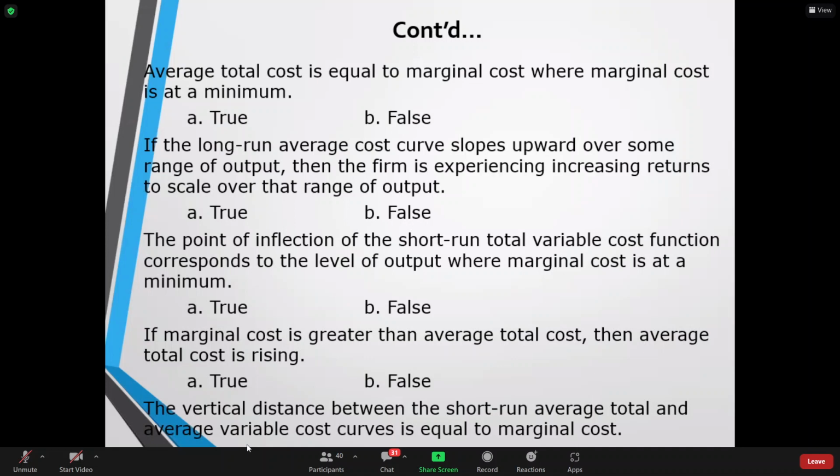Inflection in the short run total variable cost function corresponds to the level of output where marginal cost is at the minimum.